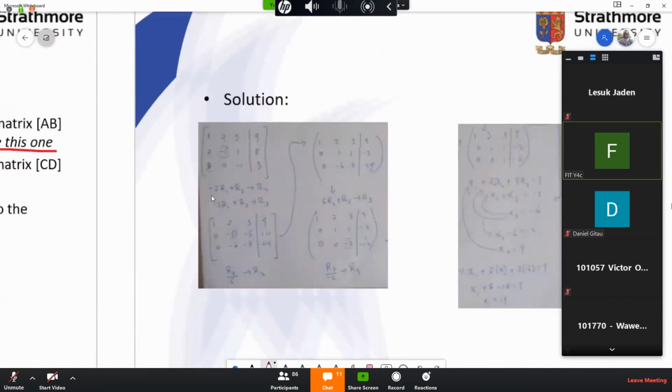I did -2 row 1 plus row 2 to get the new row 2. In other words, I'm just taking -2 multiplying by whatever value I have in row 1. So here -2 times 1 is -2. Then I get my new row 2. So I am transforming this second row until finally I have this format.